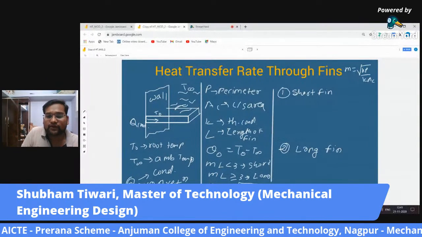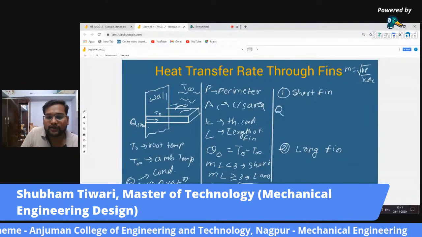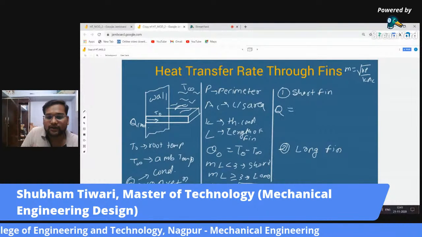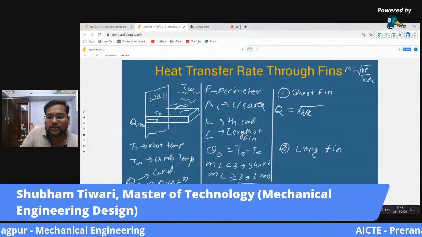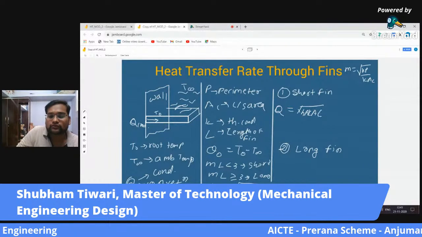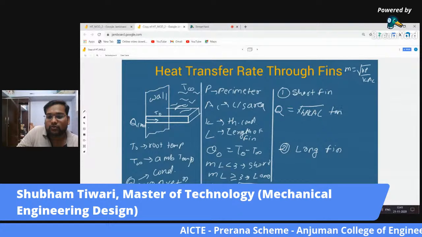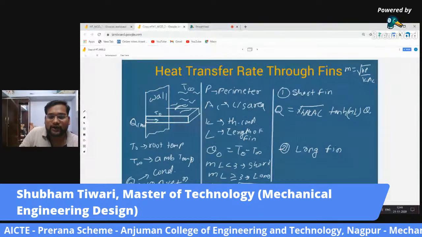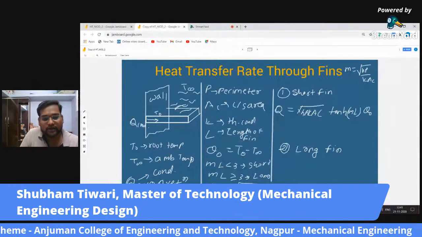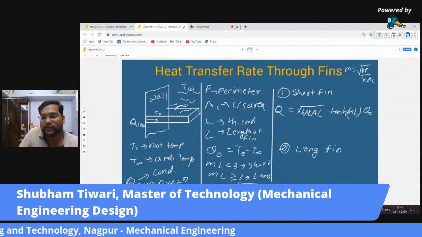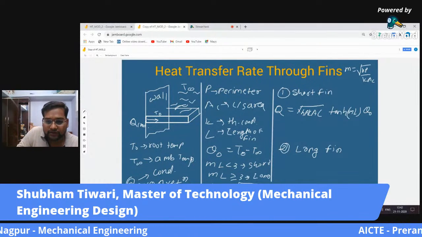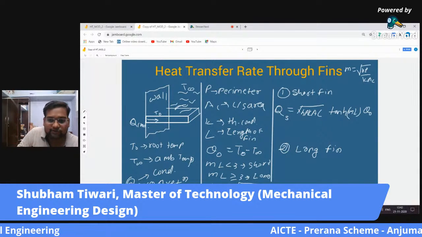So what is the equation for a short fin? The equation of heat transfer for a short fin is Q equals the square root of hPkAc times tanh(mL) times theta naught. Theta naught is the temperature difference between the root temperature and the ambient temperature. This is Qs because it is for a short fin.